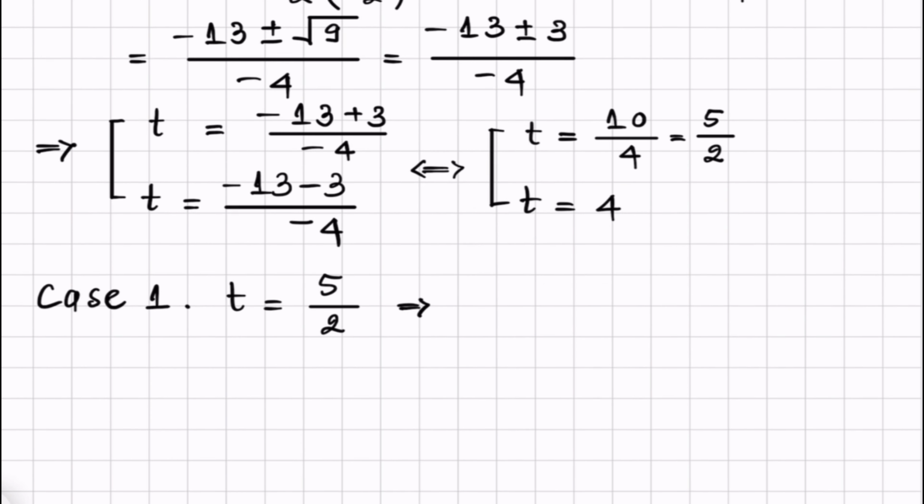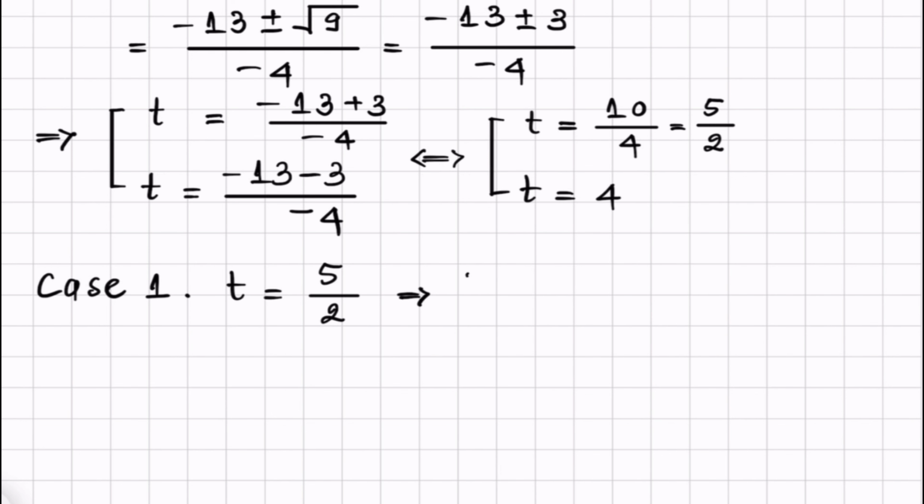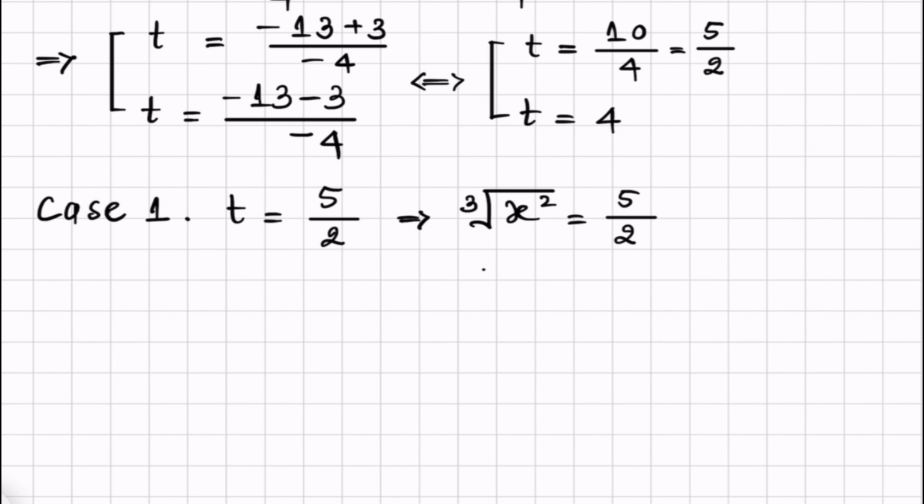then we will get the cube root of x squared equal to 5 over 2. So let's cube both sides of the equation.